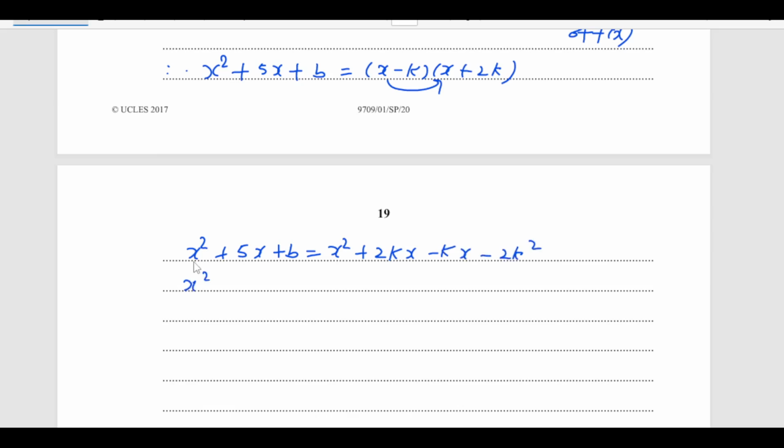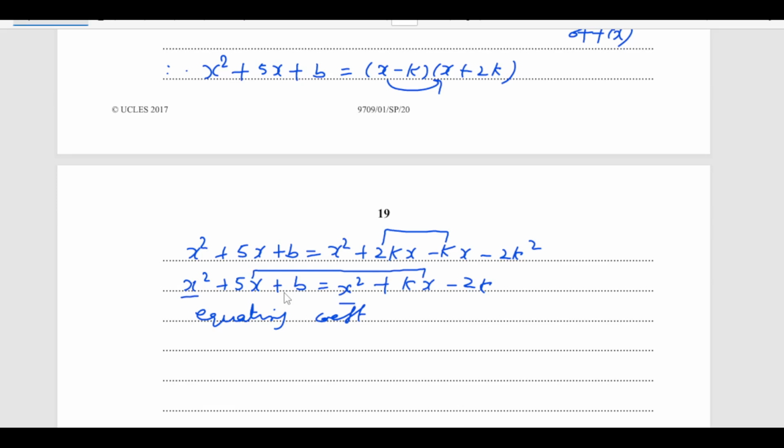So, x squared, and these are two like terms, 2k minus k is k, so plus kx minus 2k squared. Now, equating the coefficients, you see the x squared coefficient is 1. The coefficient of x is k here, and on the other side it is 5, right.